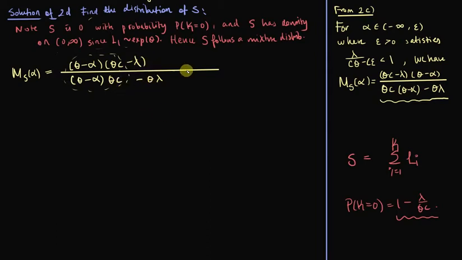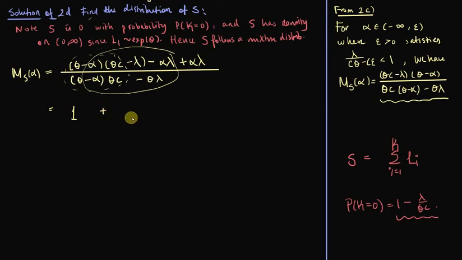Therefore, if we just subtract alpha lambda, then this expression is equal to this expression, and those two divided is equal to 1. However, we can't just subtract something without adding it again. So we get this. Now, this entire first part of the expression just gives us a 1.